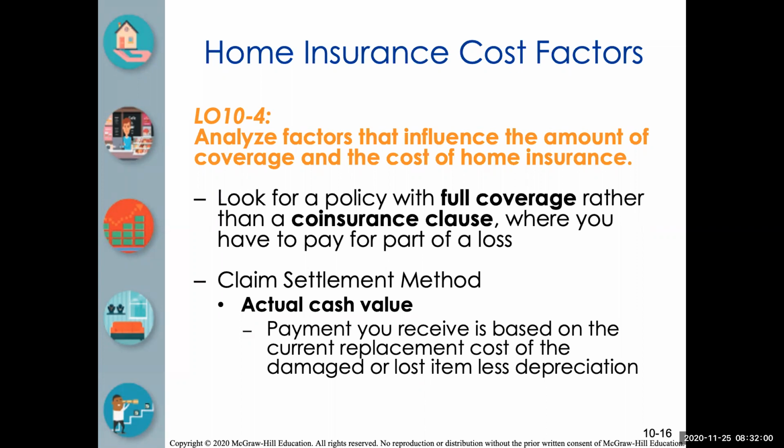So if you bought the house or the car 10 years ago and something were to happen, the insurance company would look at how much it is going to cost to actually replace that vehicle today, and what the accumulation of depreciation would have been for the car that you had owned, and they will give you a check for the difference. So they're going to give you a check for the actual cash value of the loss.